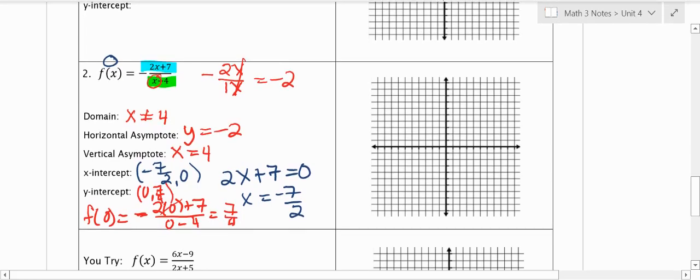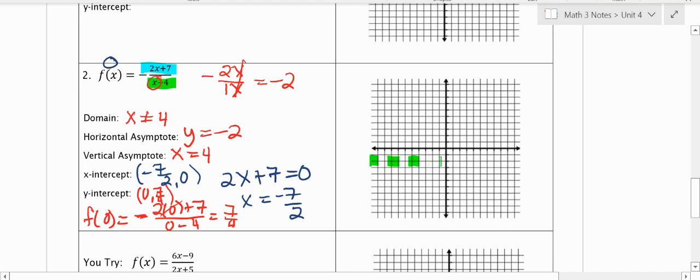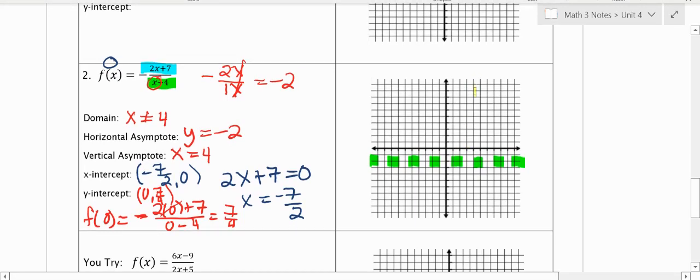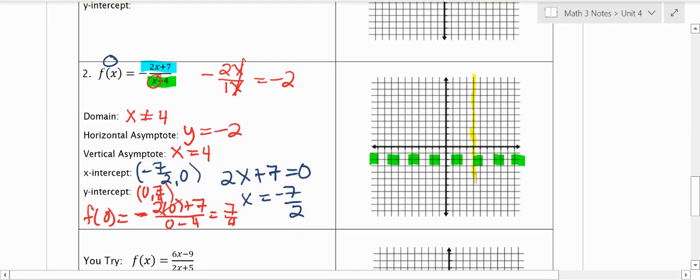We're now going to go ahead and graph it. So our horizontal asymptote is at -2. So I'm going to go ahead and draw a little dashed line at -2. We're going to have a vertical line at +4. And now I'm going to go ahead and plot my intercepts.